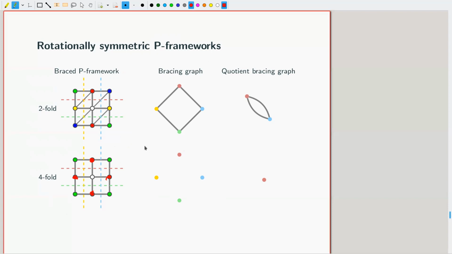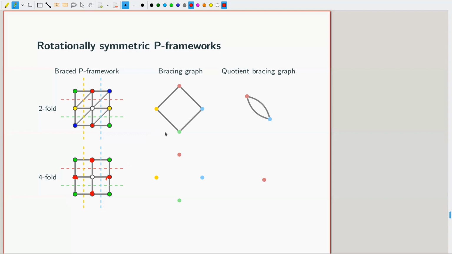So the bracing graph is disconnected. It's an empty graph. So you would somehow guess that it should be flexible. It is if we do not enforce the symmetry, but if you want to keep the symmetry during the flex, even from the geometry, one can see that it's not possible to flex the graph keeping the symmetry.